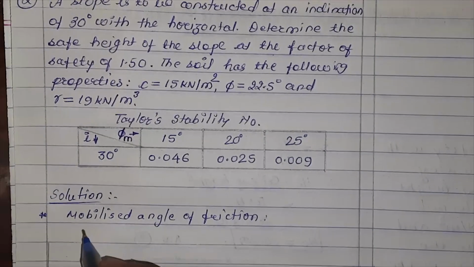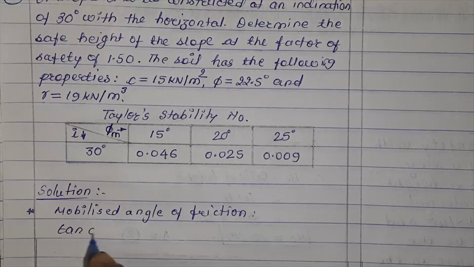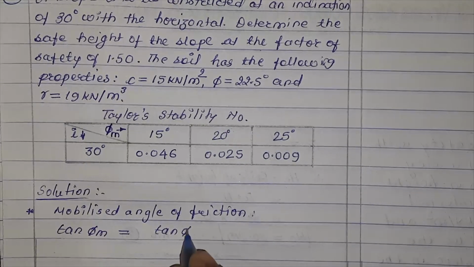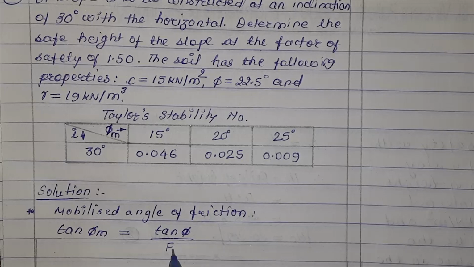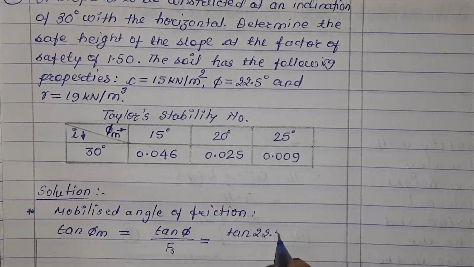The formula is tan phi m equals to tan phi divided by factor of safety Fs, which is equal to tan 22.5 divided by factor of safety 1.5.